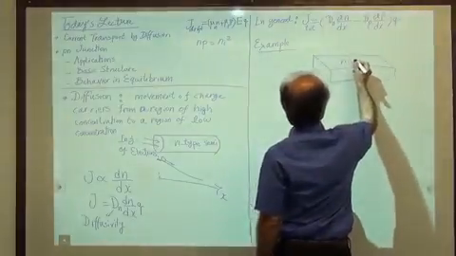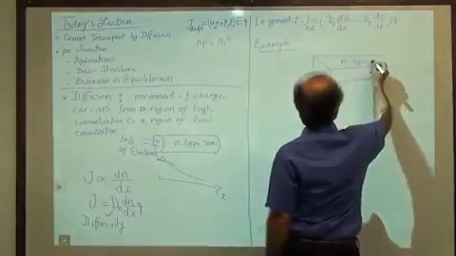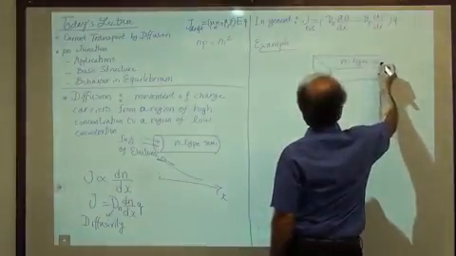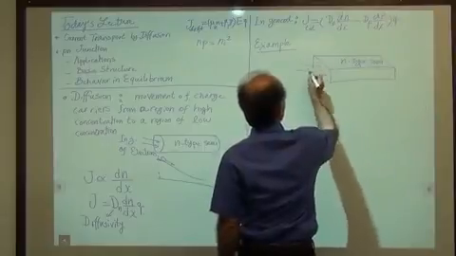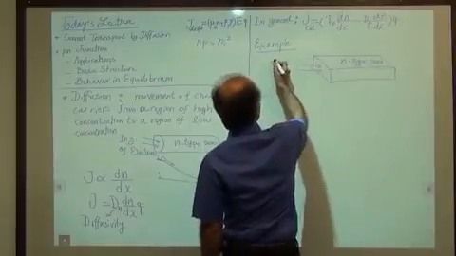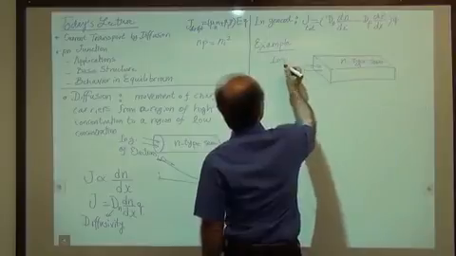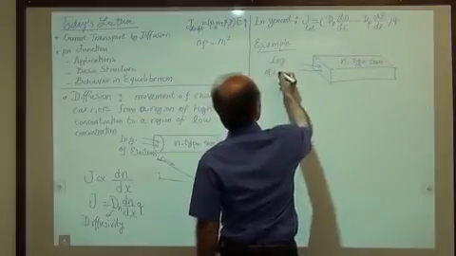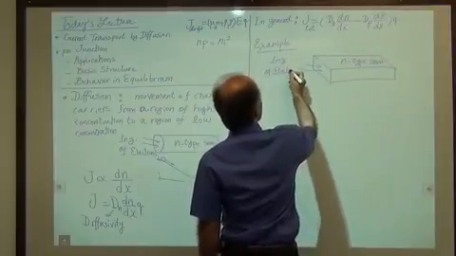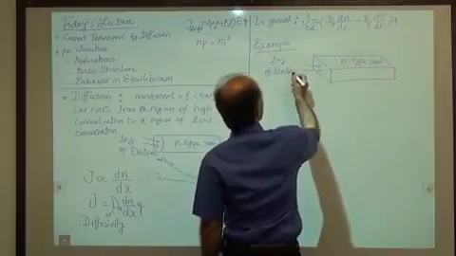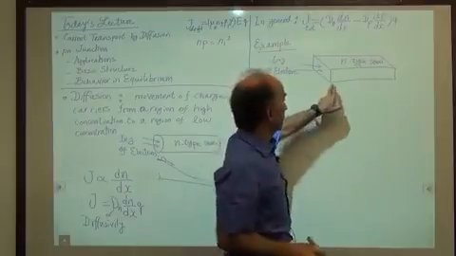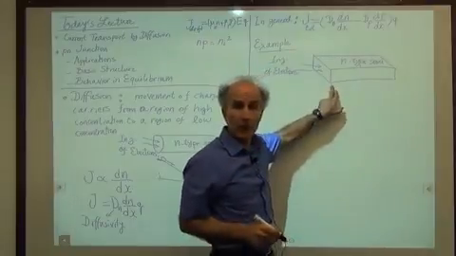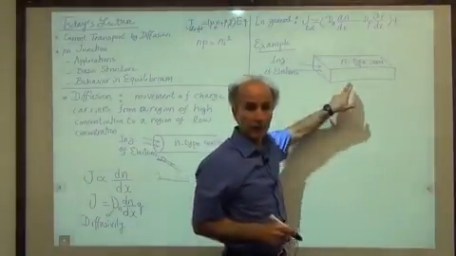Let's say N-type semiconductor, and I inject electrons into here. So injection of electrons, and we examine the concentration of electrons from here to here.